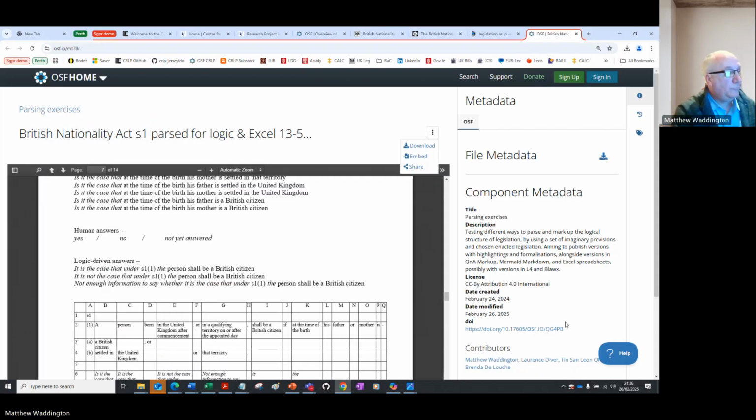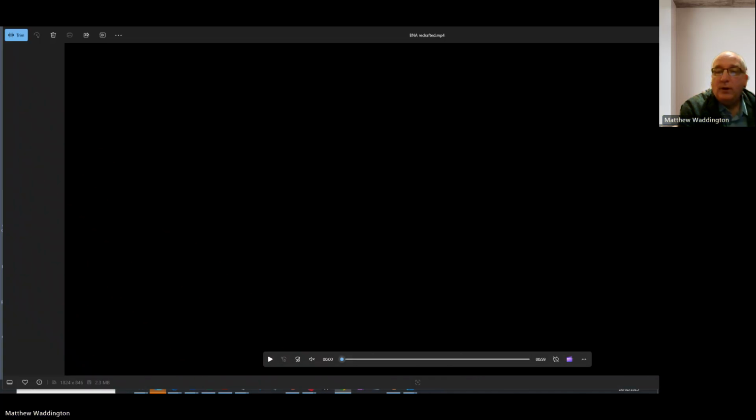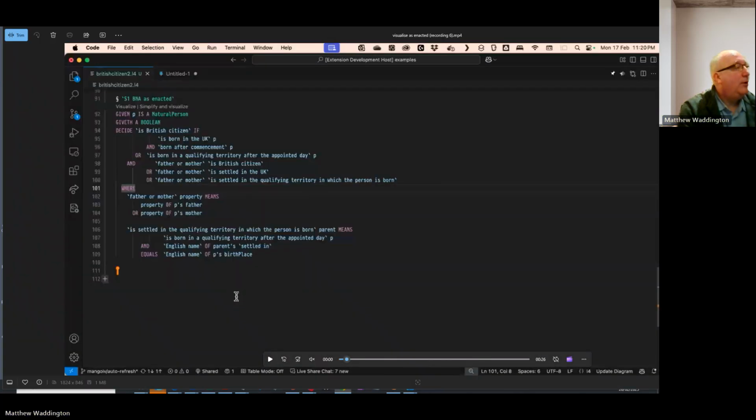So then if we look at what we've done with our colleagues in Singapore, what they've produced for us, they have a language called L4 in which they've produced something which is not like ordinary code.